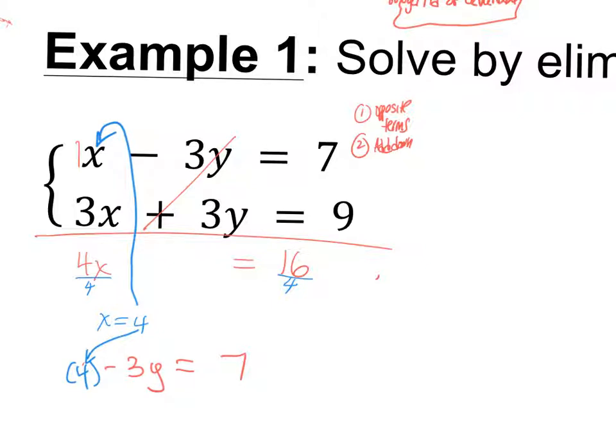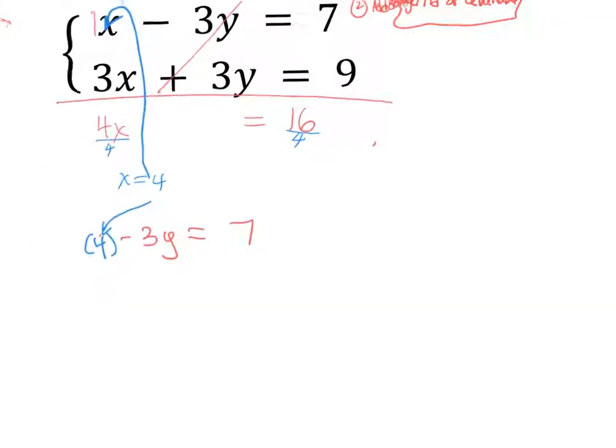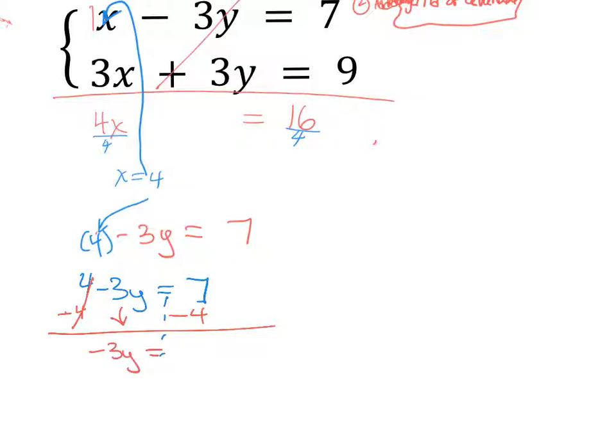And when I do that, I now have an equation that is literally just one variable. And that one variable in this case is y. So now I'm going to solve. 4 minus 3y is equal to 7. To solve for y, I'm going to subtract 4 on both sides. And I'm going to get negative 3y is equal to 3. I'm going to divide by negative 3, and I get that y is equal to negative 1.